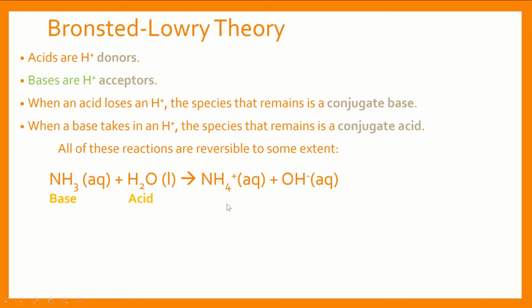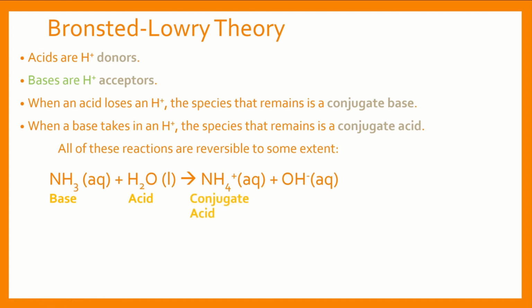And again, these are potentially reversible reactions. What if we went back the other direction? The NH4+ would now be giving away an H. He has 4 on this side. If he moves in the opposite direction, now he has 3. So that makes him an acid.